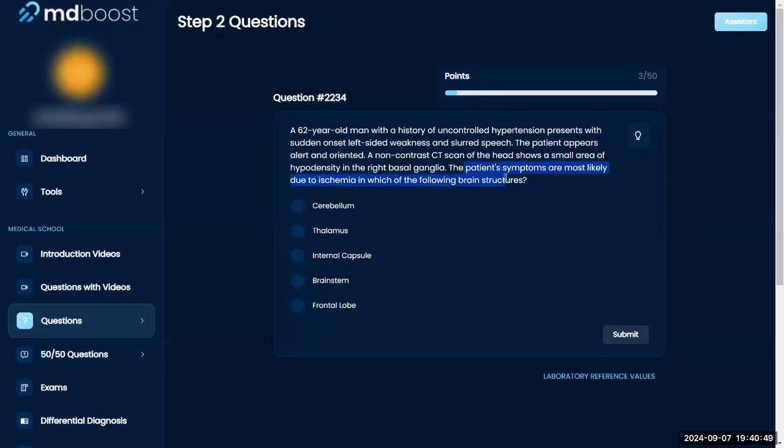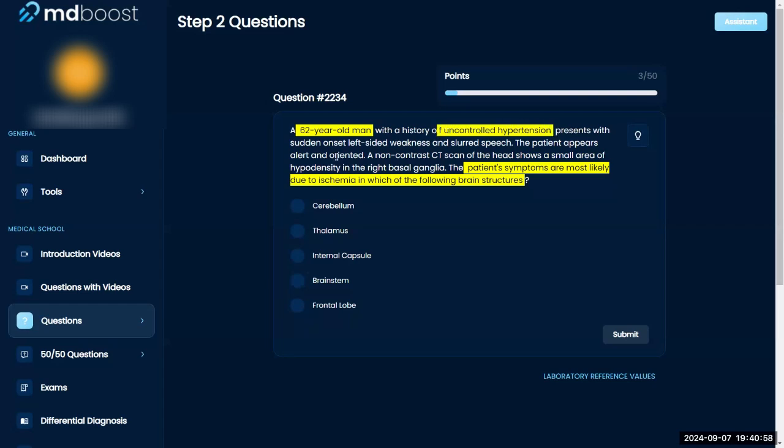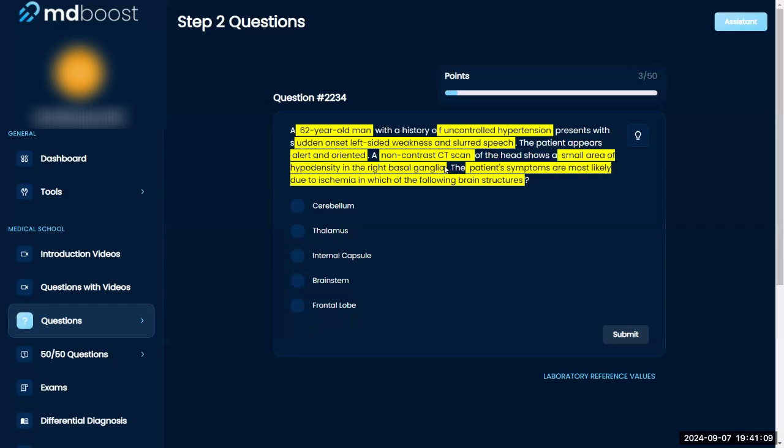Patient symptoms are most likely due to ischemia of which of the following brain structures? Okay, so the neuro questionnaire: 62-year-old man, history of uncontrollable hypertension, presents with sudden onset left-sided weakness and slurred speech. Patient appears alert and oriented. Non-contrast CT shows a small area of hypodensity in the right basal ganglia.